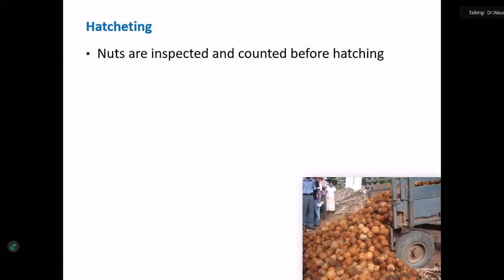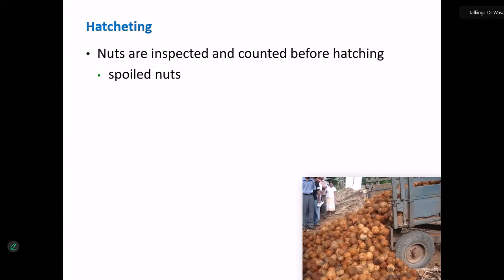Never take a cracked nut for DC. A cracked nut cannot be taken for DC, it is contaminated by microbes. Then you can do hatcheting. That is why nuts are inspected and counted. You should know in the exam what the rejections in DC are.